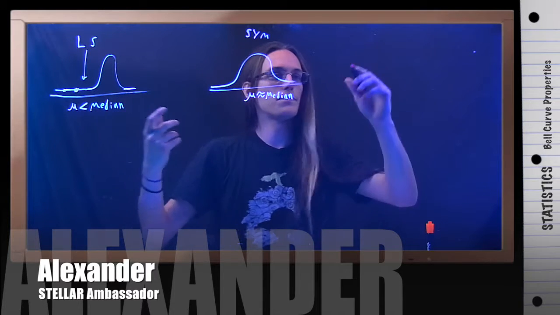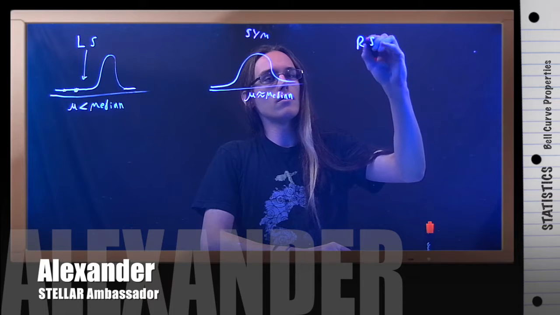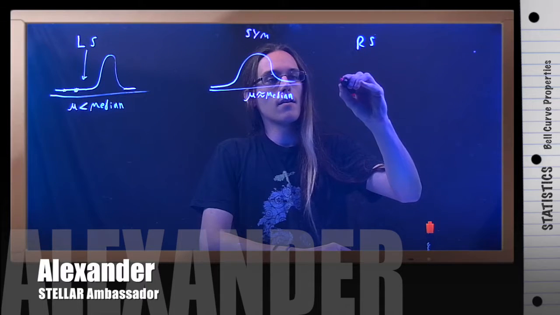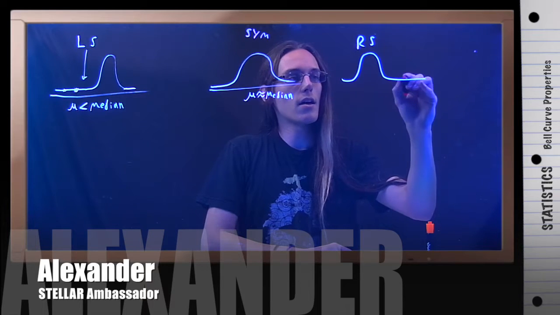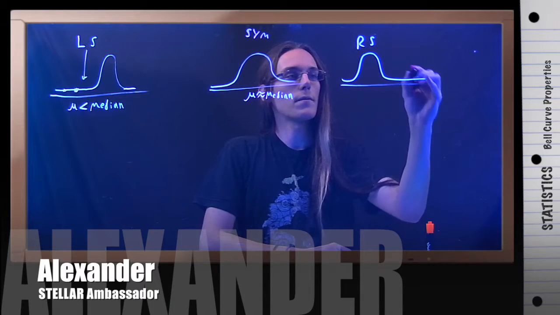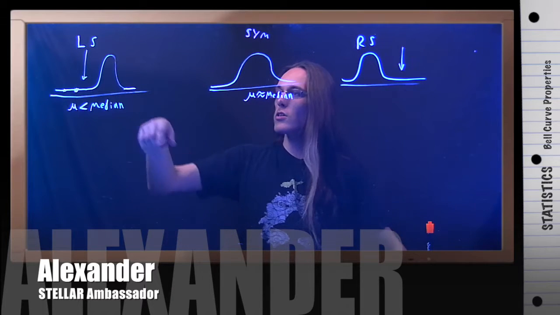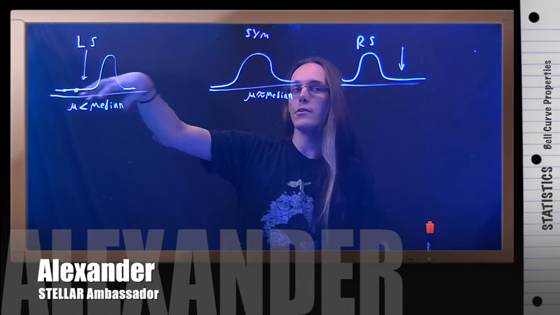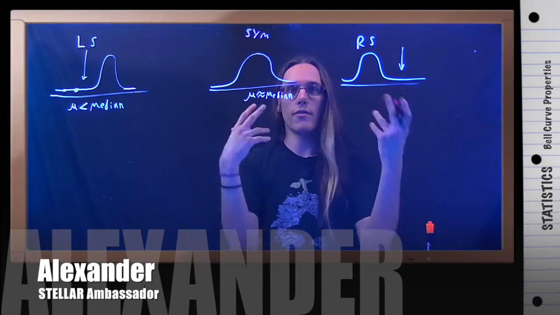Let's look at right skew. So if I had a right skewed distribution, something like this, and then lots of data values over here. Right skew. So just like the left skew is caused by some low outliers, a right skew is caused by some high outliers, some excessive values.